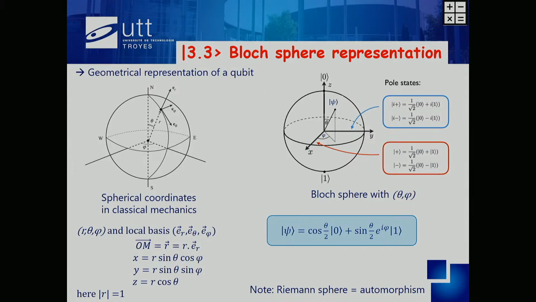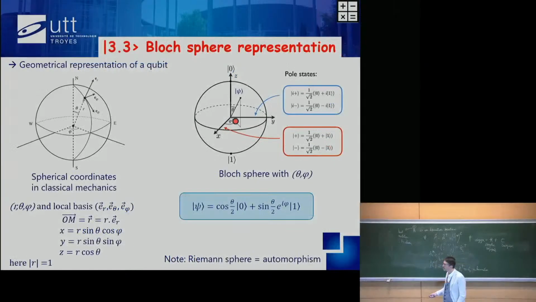Now, the difference is that the radius of this sphere is 1, because we said the psi vector, the qubit, is normalized to 1. So in terms of vector, it is a normalized vector of norm 1. So this sphere has a radius of 1. And now I can represent my qubit psi anywhere on this sphere by simply these two coordinates, theta and phi.